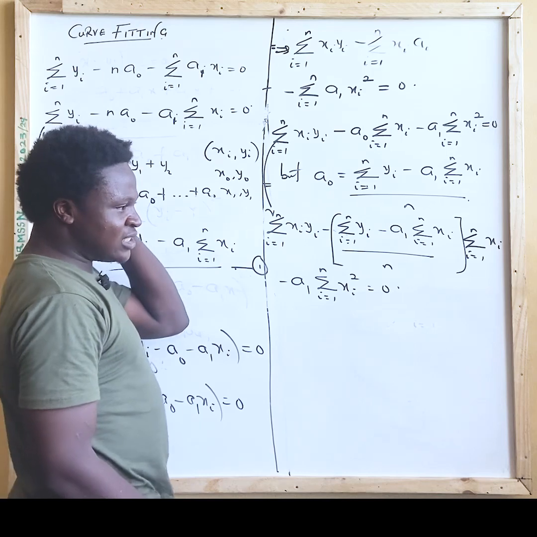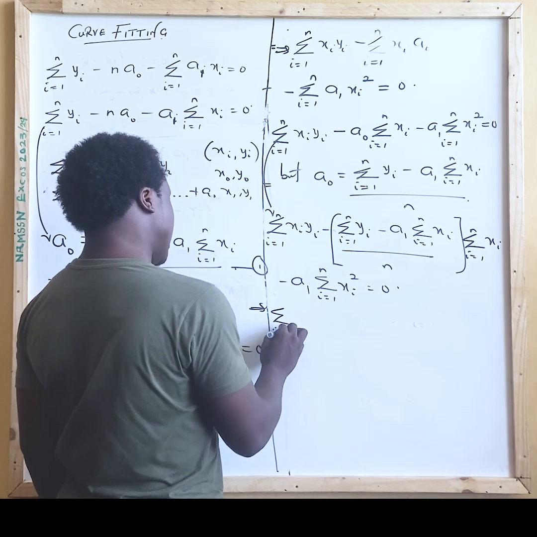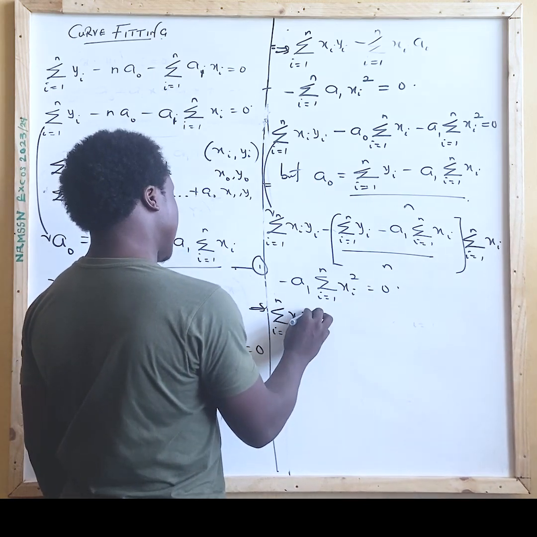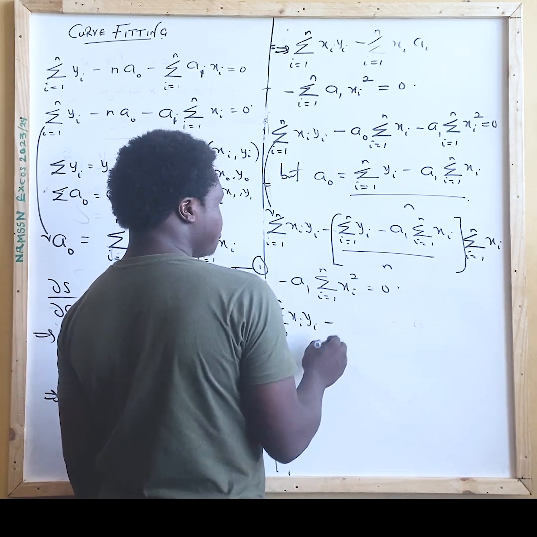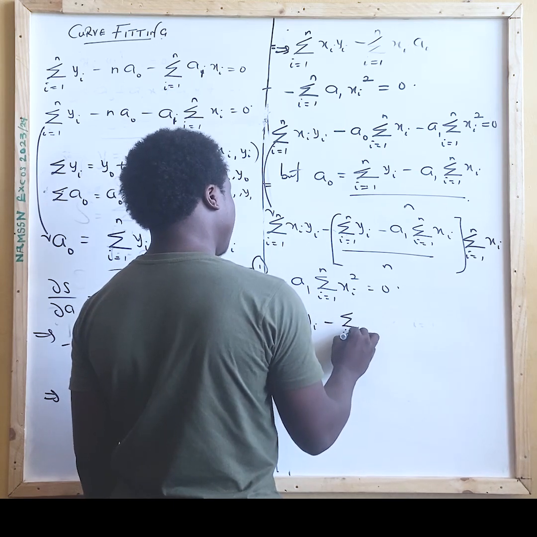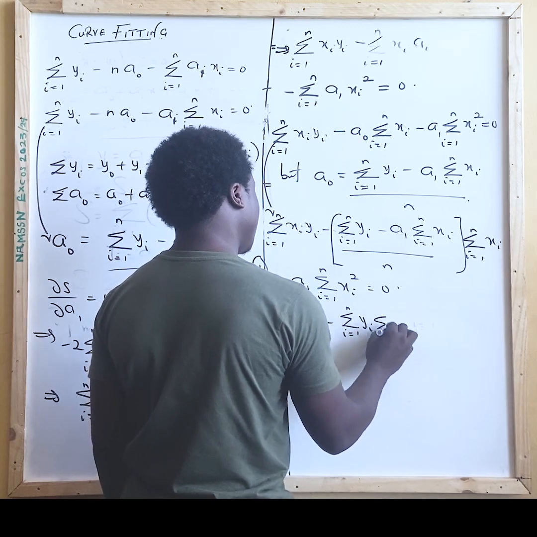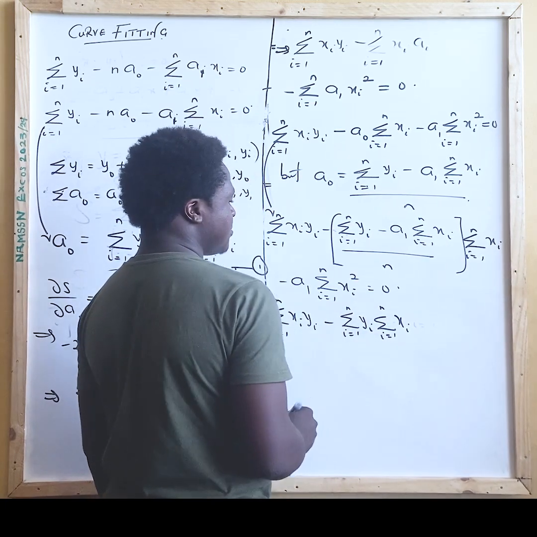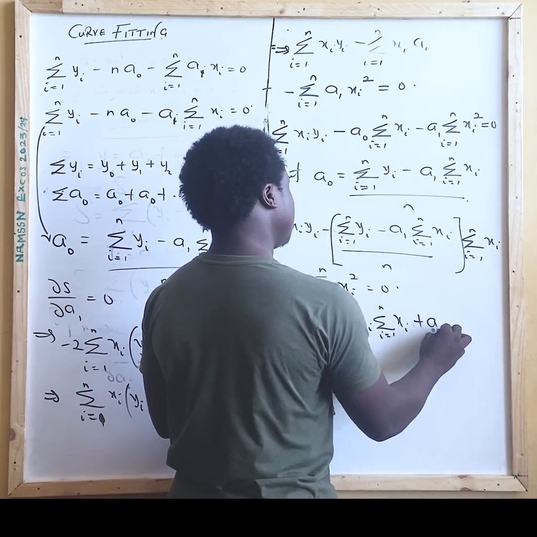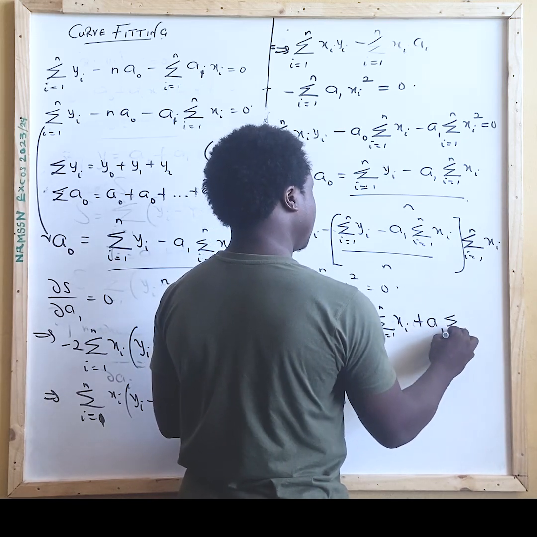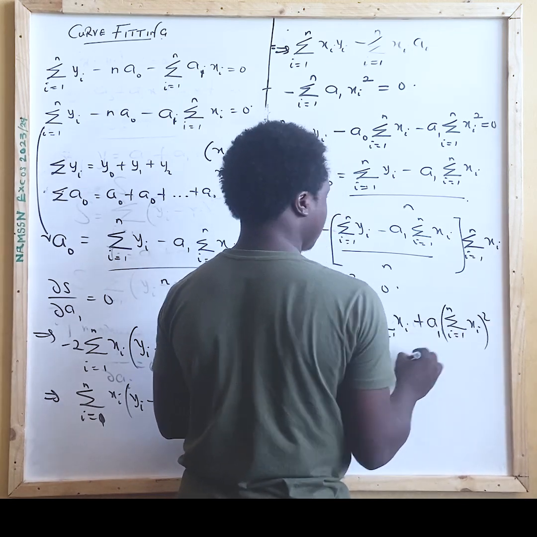Okay, so let's simplify this part. We have summation i from 1 to n of xi yi. I can multiply these two, and I get minus summation i from 1 to n yi, summation i from 1 to n xi, plus a1 summation i from 1 to n xi all squared.